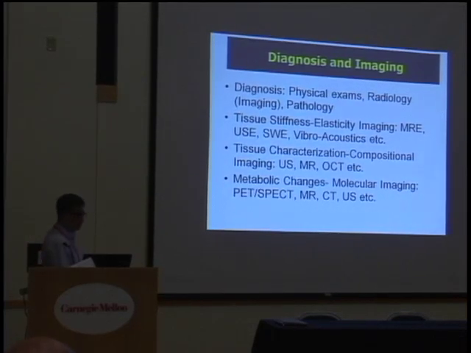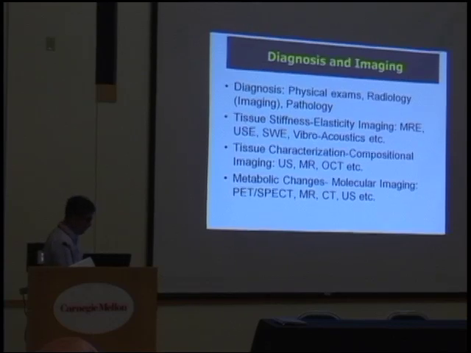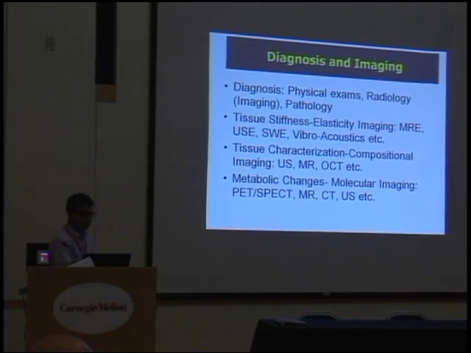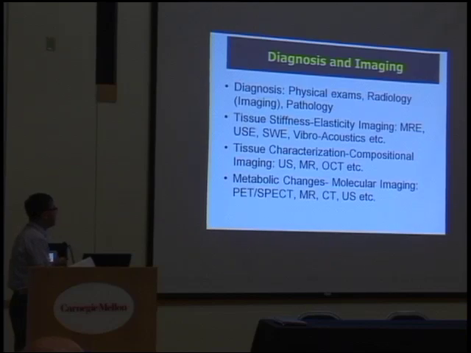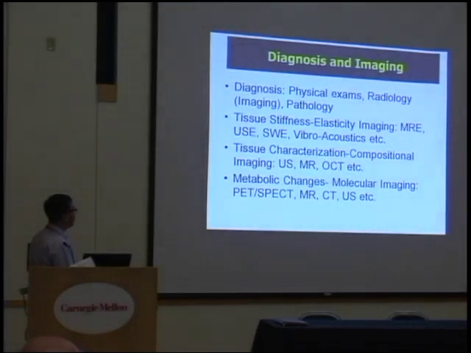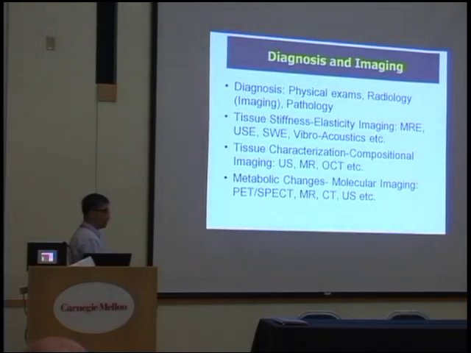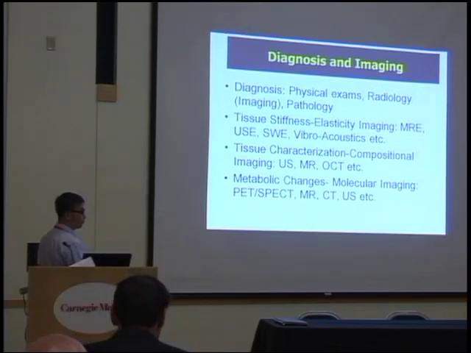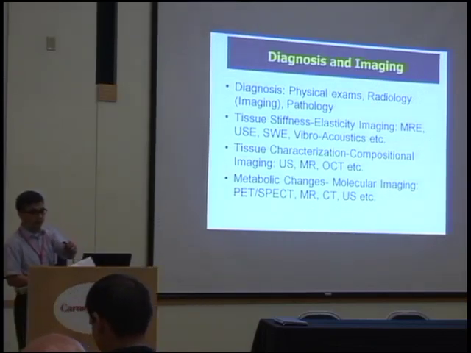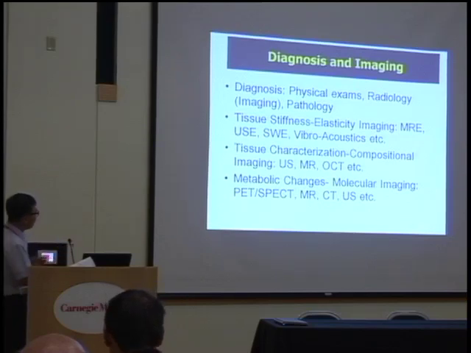For example, the physical exam, such as palpation, can be covered by assessing tissue stiffness using elastic imaging. There are efforts using MR elastography, ultrasound elastography, conventional compressional elastography, and also shear wave elastography. And there is an effort in vibroacoustics as well.